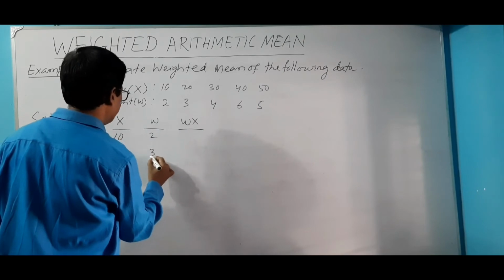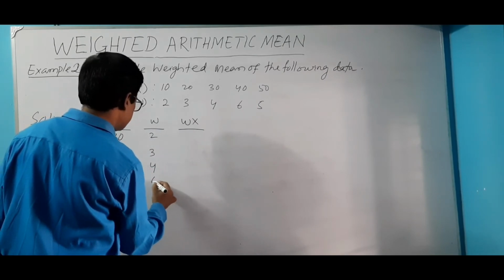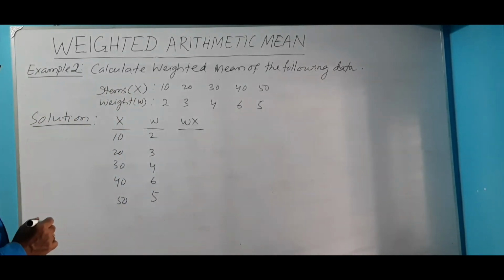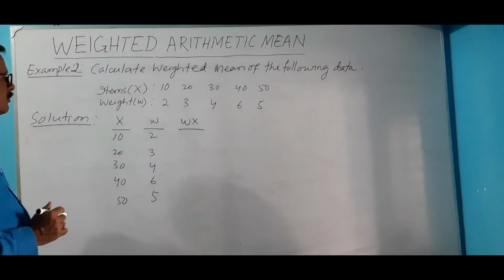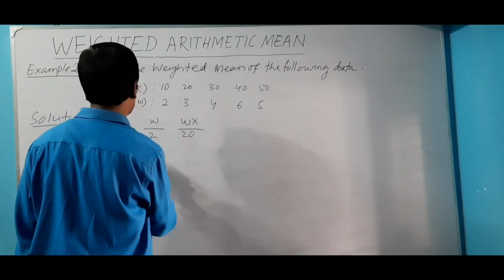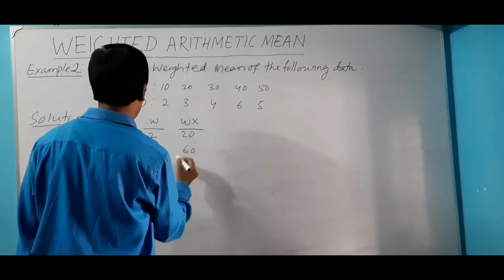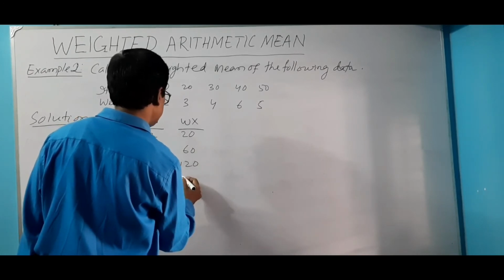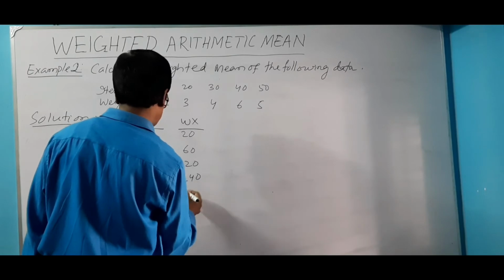So X and W values are given. Find out Wx: 10 into 2 is 20, then 60, 120, 240, 250.